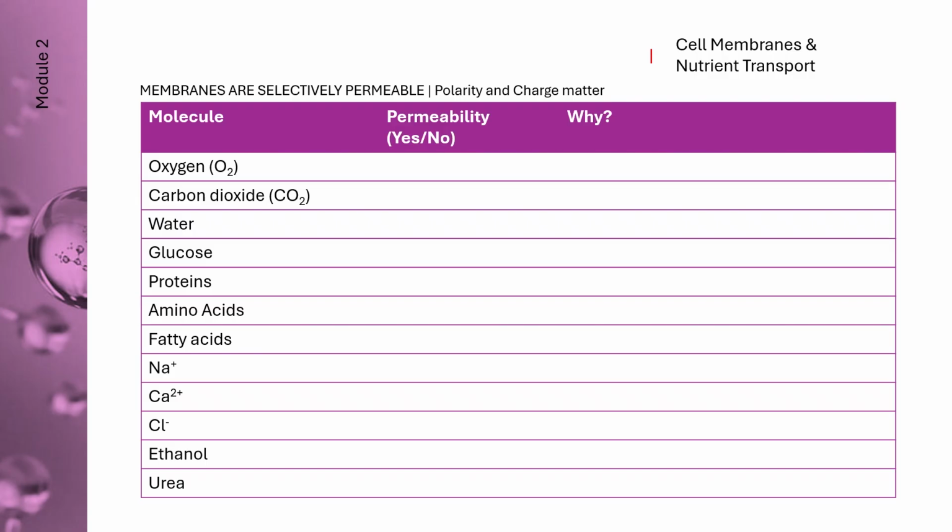So first of all, think about these compounds: oxygen, carbon dioxide, water, glucose, proteins, amino acids, fatty acids, sodium ion, calcium ion, chloride ion, ethanol, urea. Can you start thinking which of these will be permeable and which will not be permeable?